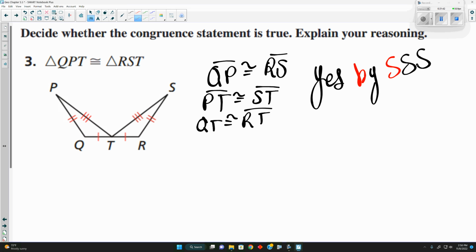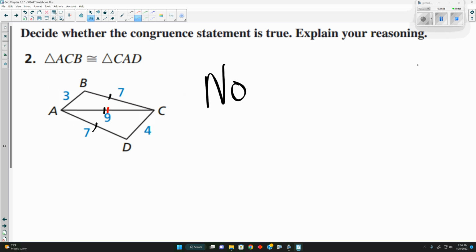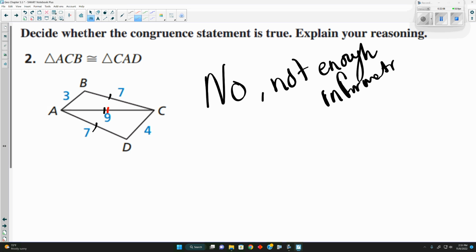So you want us to write like work it out and then put yes by side. But if it's no, do you just want us to put what? Yeah, so no. So for the one before, here, not enough information. Will it always be like that if we can't do it? Because here it's not enough information.